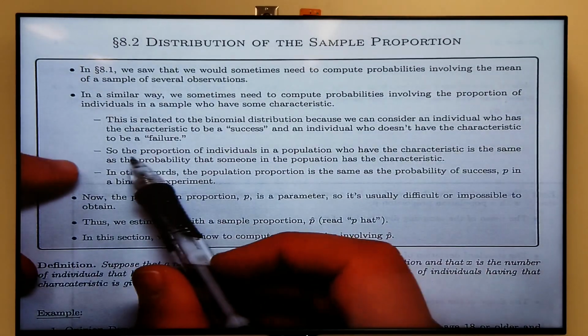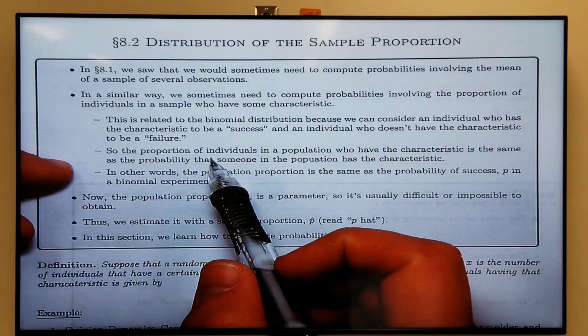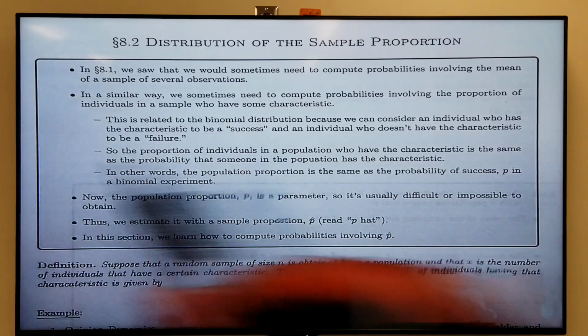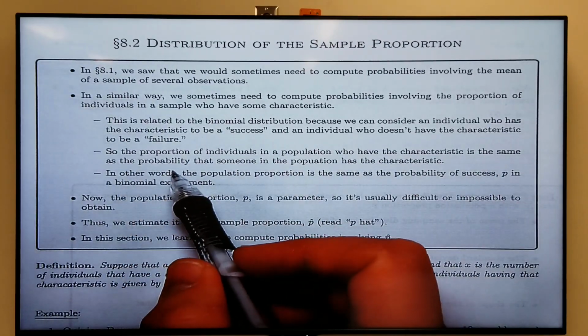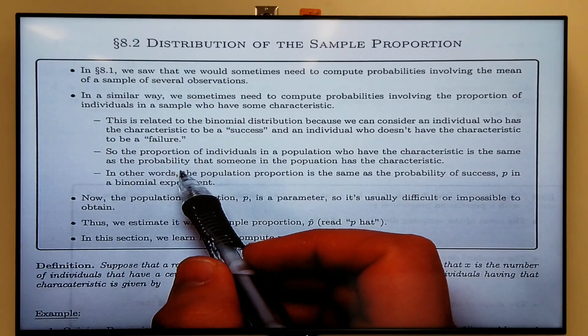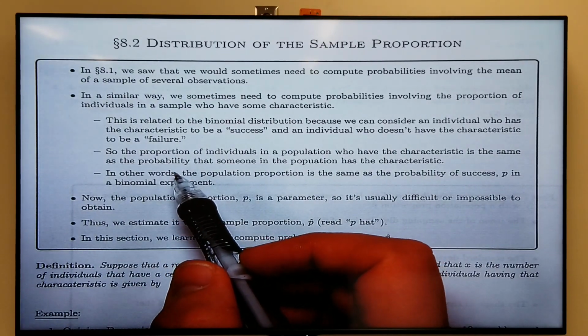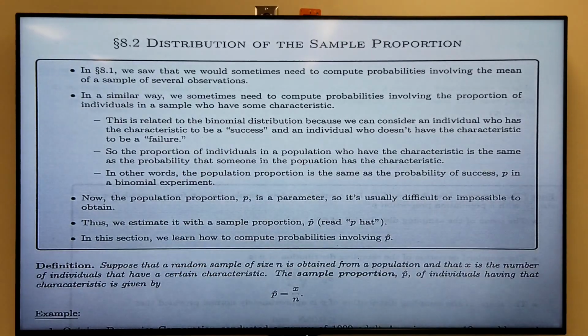The proportion of individuals who have the characteristic is the same as the probability that a randomly selected individual has the characteristic. So the proportion is the same as the probability of success in a binomial experiment.